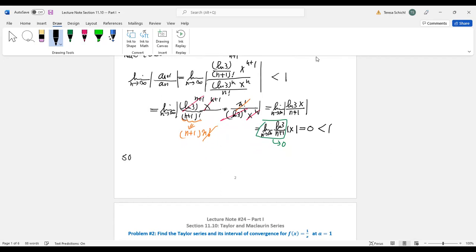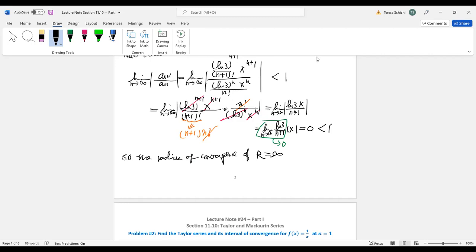So we know the radius of convergence here, R is infinity, right?